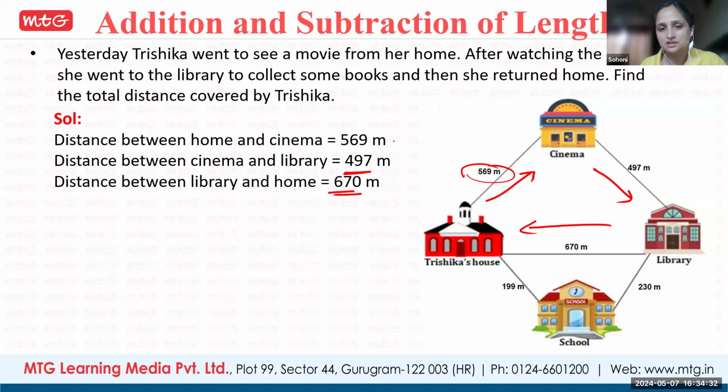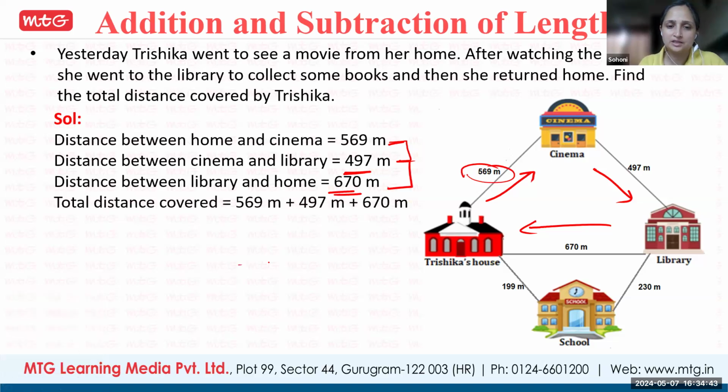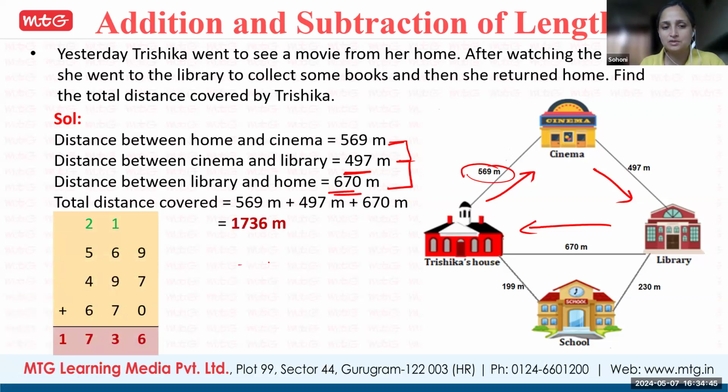So total distance covered means you have to add all these 3 numbers. If you add all these 3, it is 1736 meters. Because all the units are given as meter, you have to use meter as the unit of the answer.